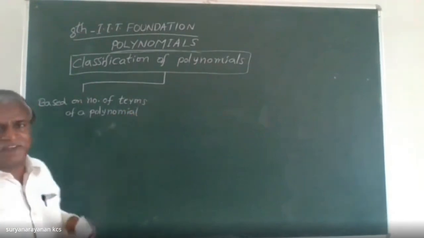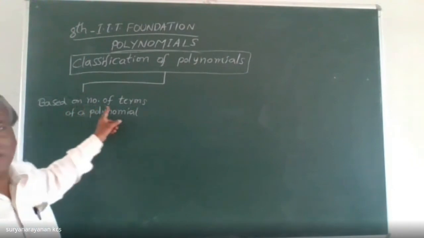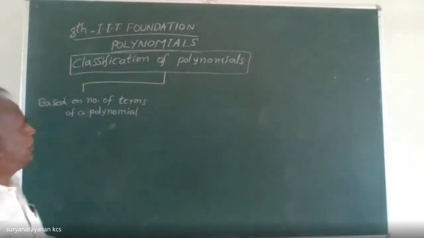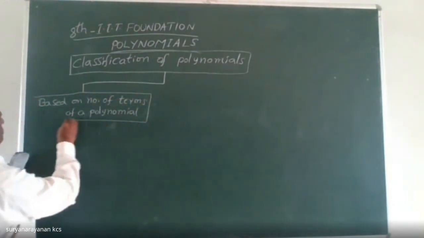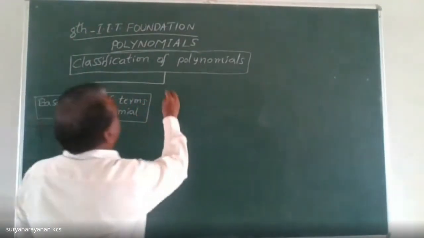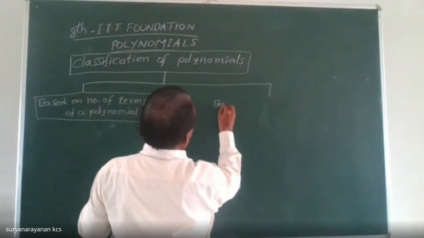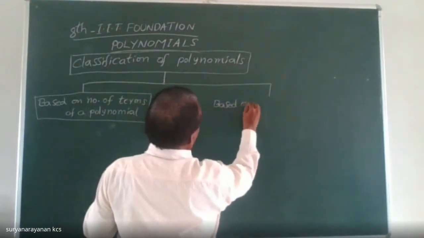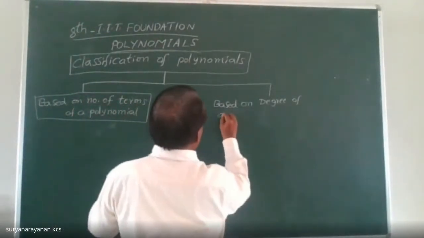The first classification is based on number of terms of the polynomial. This is the first classification. And the second one is based on the degree of a polynomial.